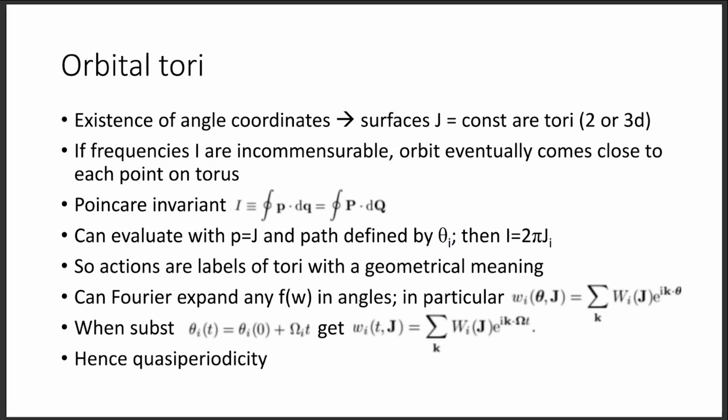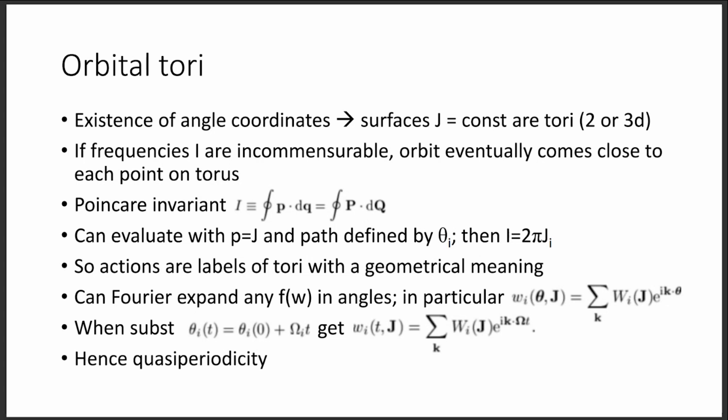All right, we're pretty much ready to stop. Let me just introduce the next topic, but only introduce it. Basically, in a slightly sketchy way, I've established all these surfaces of constant J, to which orbits are confined, which are topologically speaking tori.